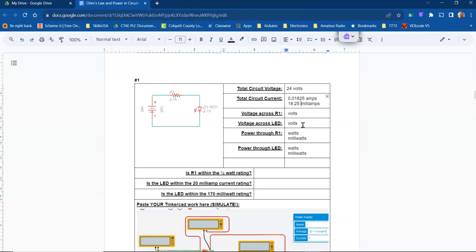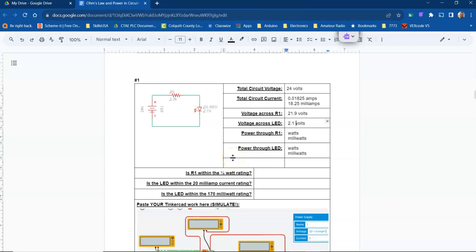18.25 milliamps. We already figured out that the voltage across the resistor is 21.9 volts, because you subtract the 2.1 volts from 24. The voltage across the LED is already given to you by the schematic, 2.1 volts.